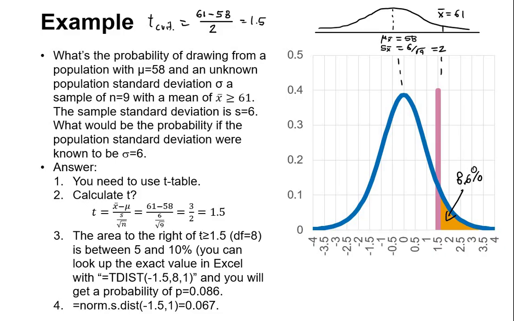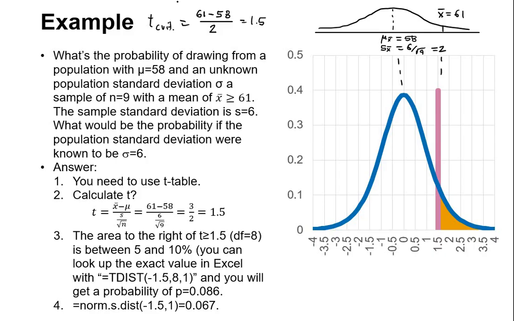Okay, so there is another question, which is how much different would it be if we knew that the true population standard deviation is actually 6? If we know the population standard deviation, we have much less uncertainty. We don't have to estimate two things, the sample standard deviation as a proxy for the population standard deviation and the mean. Now we would have to estimate only the mean.